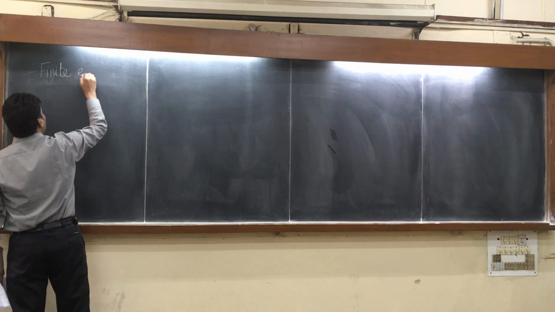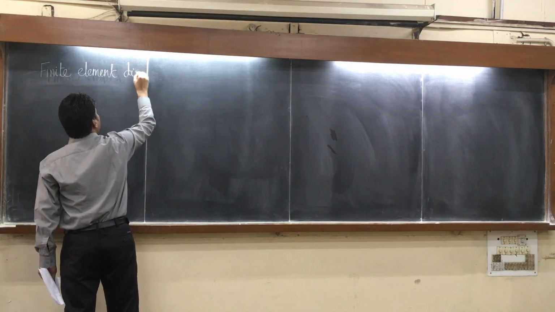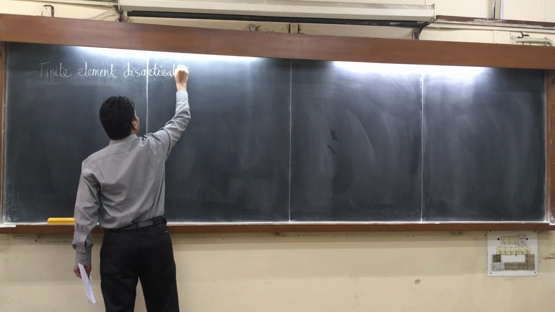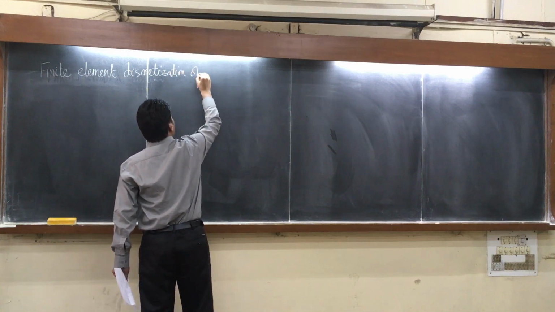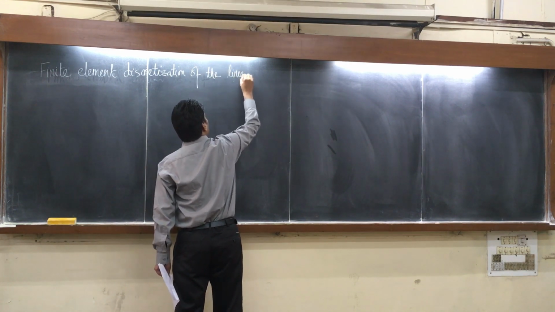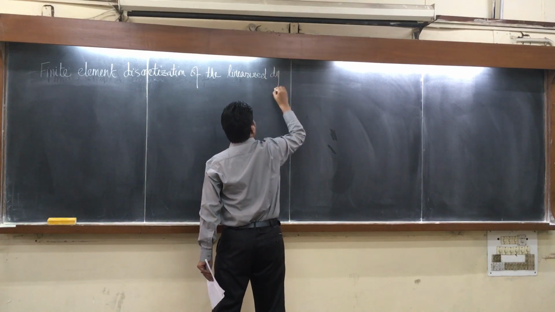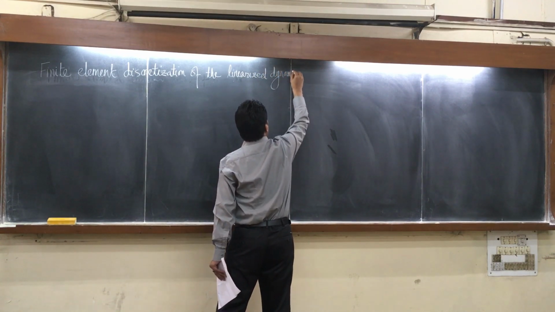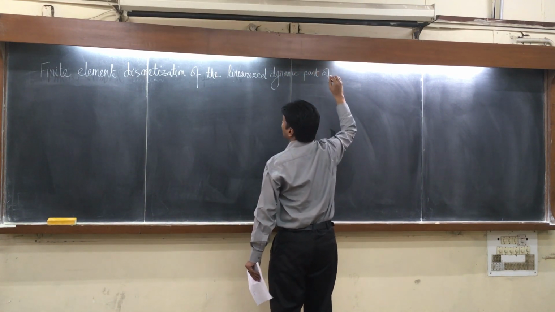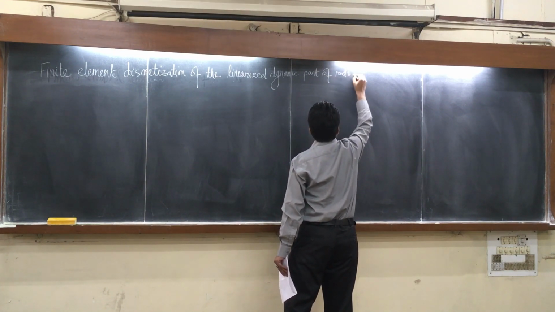So we have finite element discretization of the linearized dynamic part of rod's weak form.